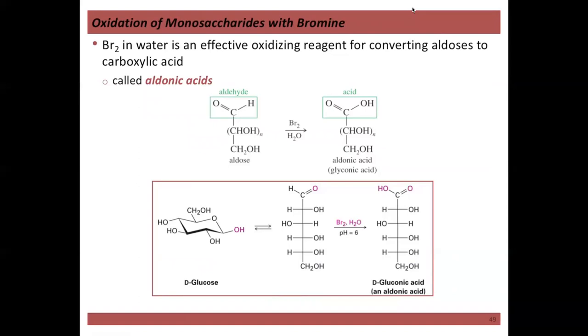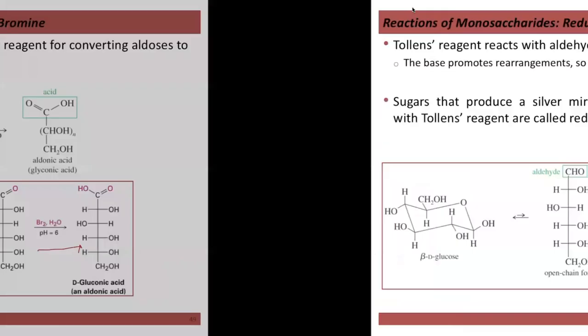So we can take glucose, and it would open up again in solution and get oxidized. So if we have these hemiacetals, they are referred to as reducing sugars because they are acting as reducing agents, thus getting oxidized.